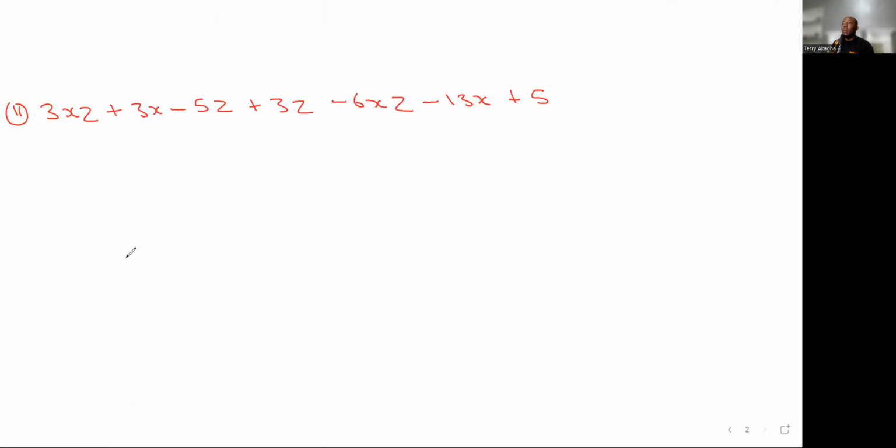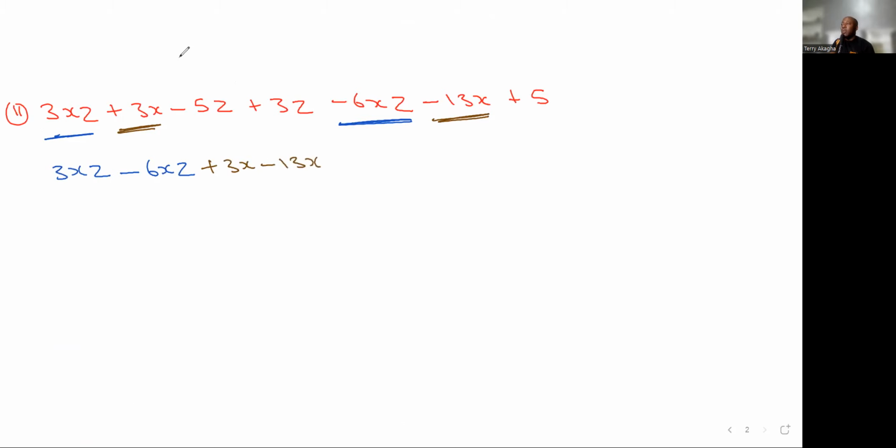Let's start with the first one, 3xz. Which one is similar? Yes, this one, minus 6xz. We're done with that. We pick the next similar one, plus 3x. And any other one? Yes, we have here minus 13x.